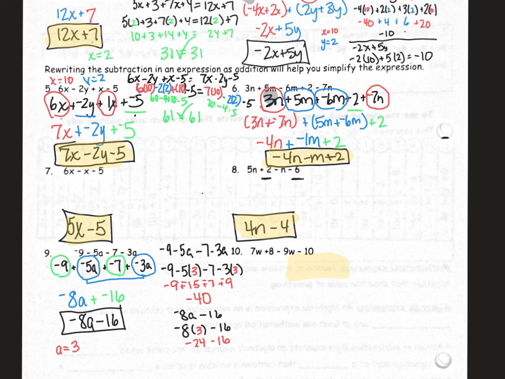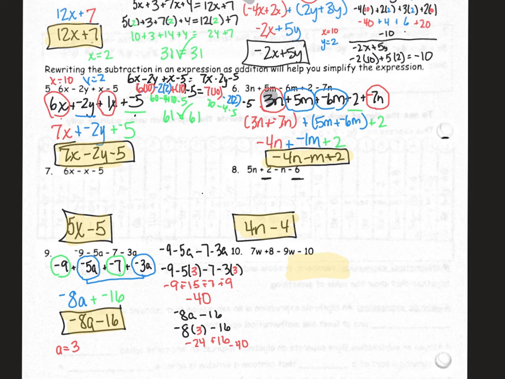And you might think, oh, that's probably 8 or negative 8. But remember, keep, change, flip. So I'm really adding negative 24 plus negative 16, and I get negative 40. So I have the same value for both of these expressions when a is 3. So that means that I probably have simplified it correctly.